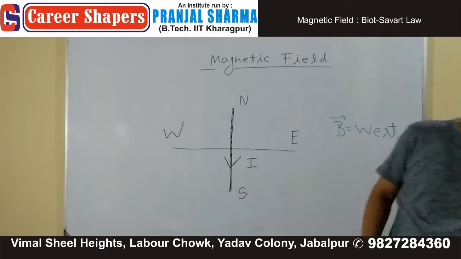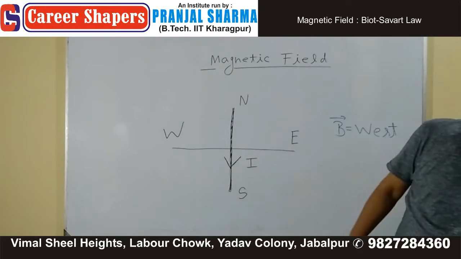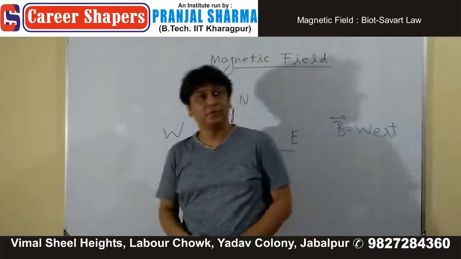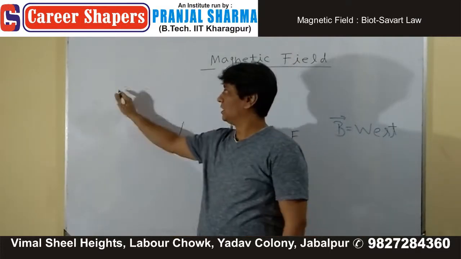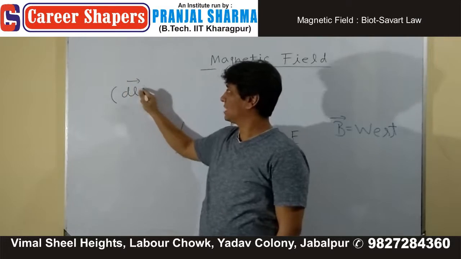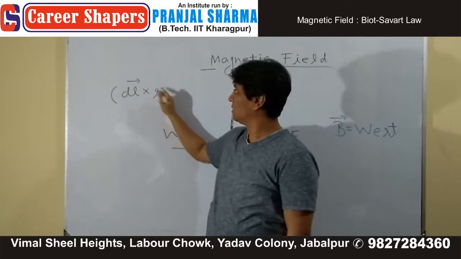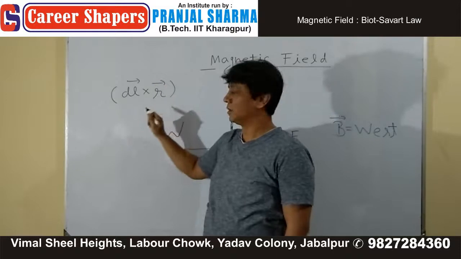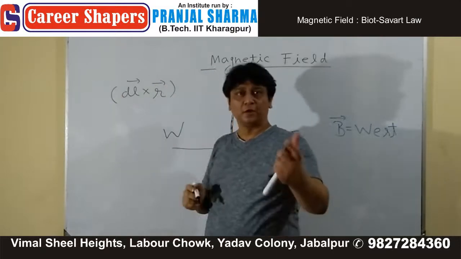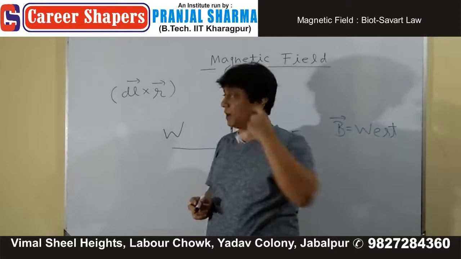Now, let's answer this with the help of dl cross r. We don't have to worry about mu naught upon 4 pi and all. They will give you the magnitude part.